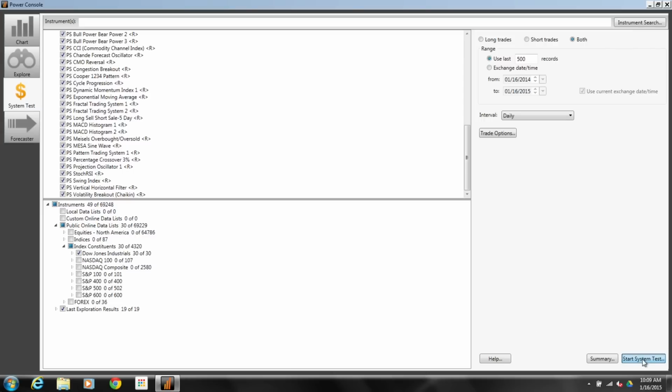So let's go ahead and we're going to leave everything else the same, all of our tests. Now, this one will take a little bit longer. And why is that? Well, it's because I've got 26 different strategies against 30 different stocks. So it's going to take some time to go through and do all that number crunching to figure out which of those has worked best against the Dow 30 and which of them maybe hasn't.